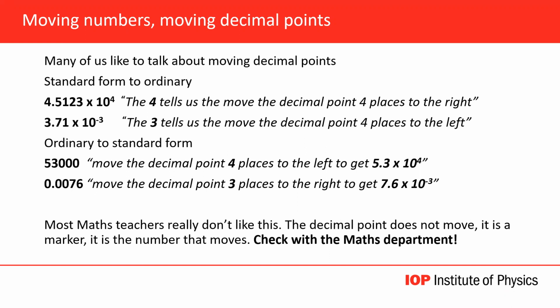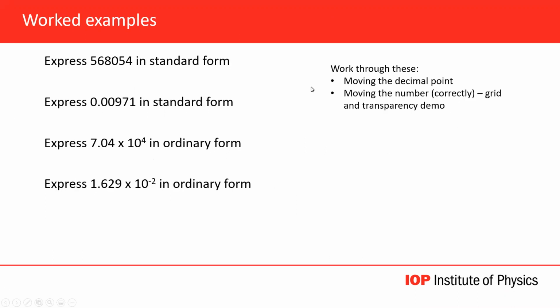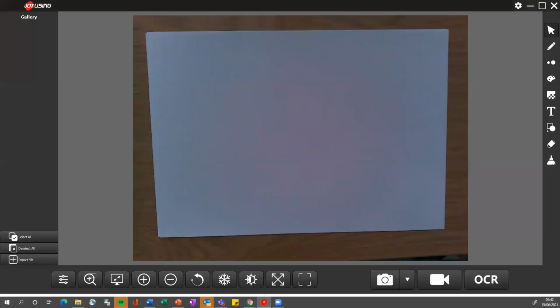So what we're going to do is work through examples, converting the top two numbers to standard form by both hopping a decimal point along and also using another method, which I call the grid method, and then converting the numbers at the bottom to ordinary form, again using both a decimal point hopping method and the grid method. So let's have a look at all of these.